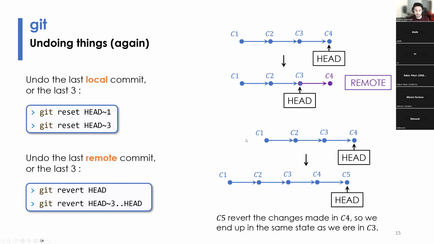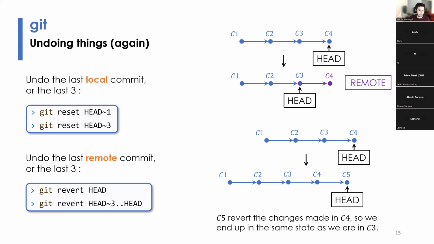In this example here, an example where I revert just the last commits, I show you what revert does. If you're in this situation and you revert the C4 commits, a new commit is done, C5, that made changes, that let's say revert the changes of C4, and therefore C5 will be the same exact state as C3, but as a new commit.